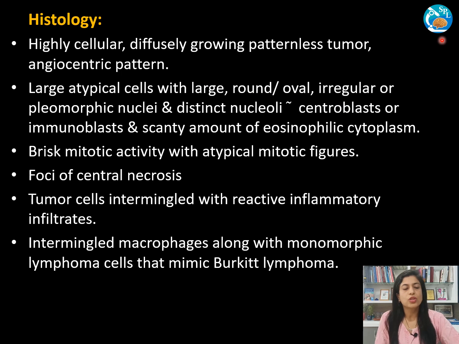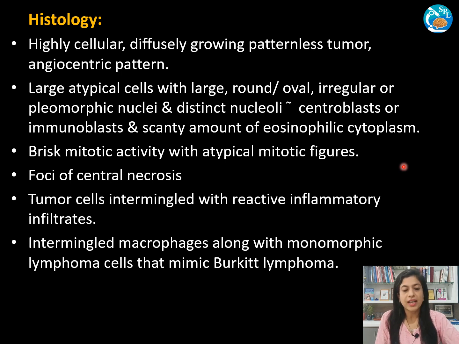Coming to histology, these are highly cellular, diffusely growing patternless tumors. Angiocentric pattern is very prominent at times. The neoplastic cells are large, atypical, with large round to oval nuclei. The nuclei may even have irregular nuclear borders. Nuclear pleomorphism is noted, and distinct nucleoli are present, which correspond to centroblasts or immunoblasts, and the cytoplasm is scanty in amount.